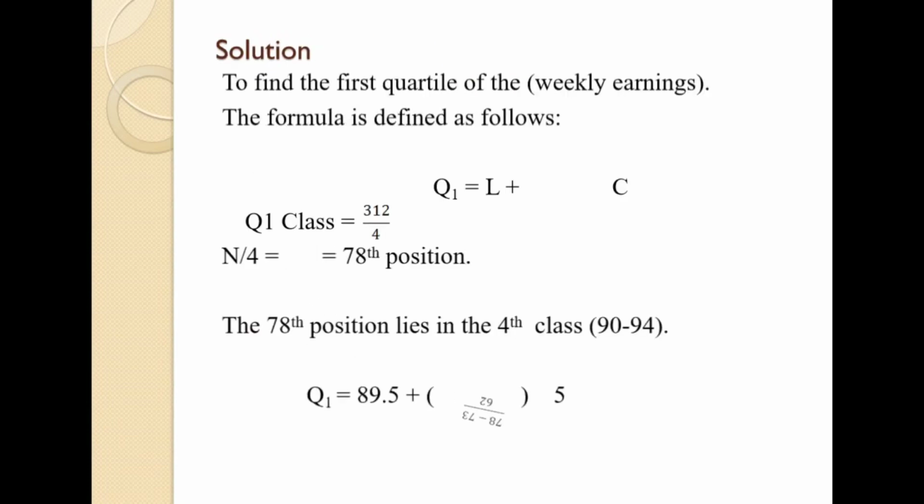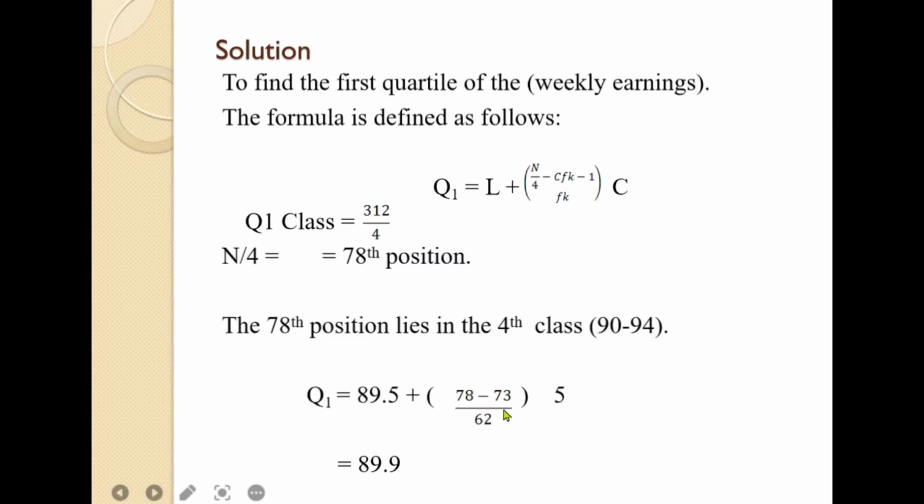So we can see the 78, which is the first quartile class, N over 4: 312 divided by 4, 78. CF of K minus 1 is the cumulative frequency before the first quartile class, and that is 73. The frequency of the first quartile class is 62, and the class size is 5.